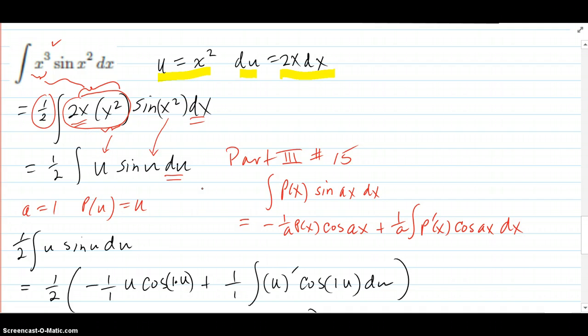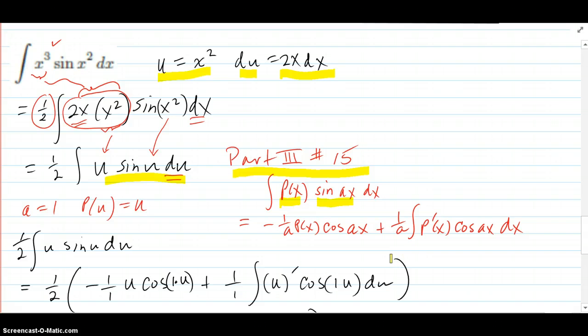Now I'm going to look through my integral table and realize that in part 3, number 15, I have an integral of a polynomial and a sine of ax. Now we could do this integral right here by parts, and that's really exactly what they did do to get the integral in the integral table, but let's just follow them for this one.